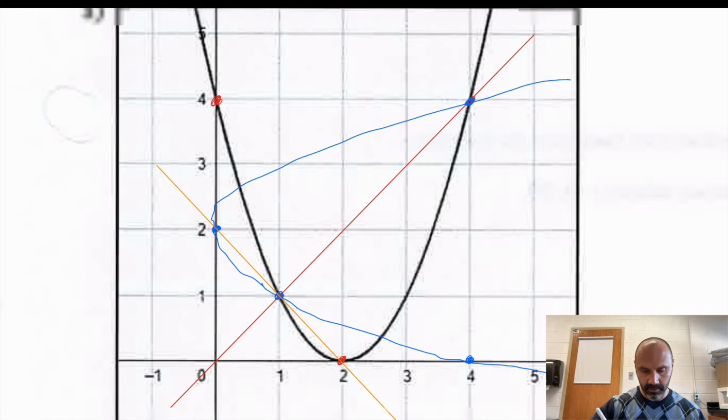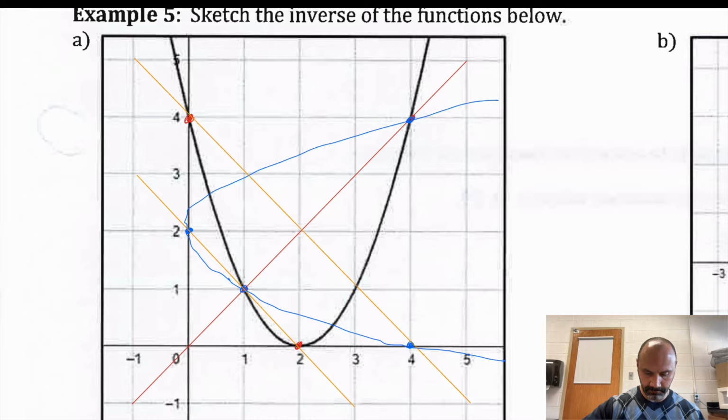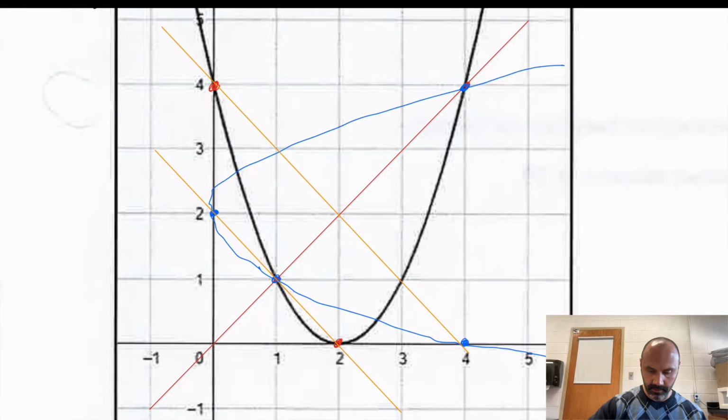If we take a look at this other point that we had labeled, from the y equals x line, I've got 1, 2 diagonals this way.